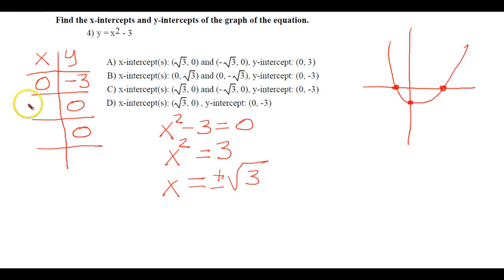So one will be a positive square root of 3, and one would be a negative square root of 3. So here is your y-intercept as -3, and this is the negative square root of 3, and this is the positive square root of 3. So these are your intercepts, and when you match it up, it's letter C. But this is how you get to it.